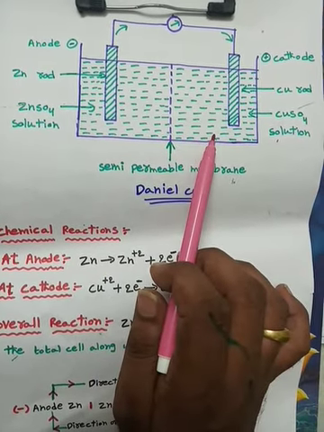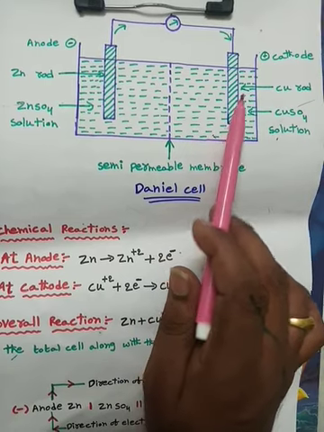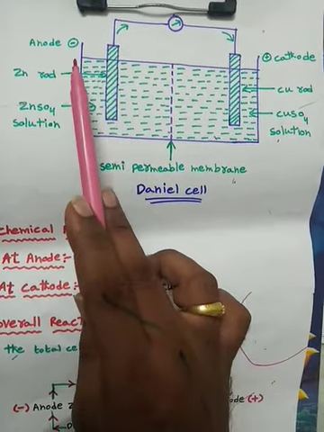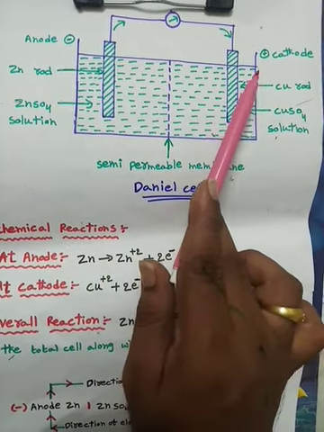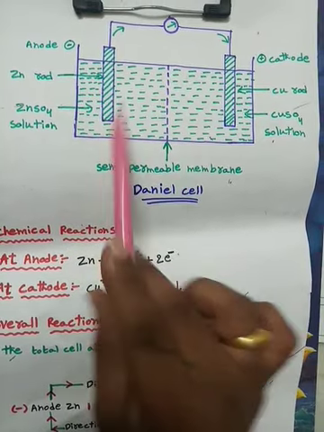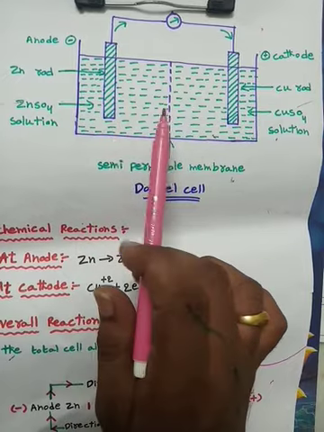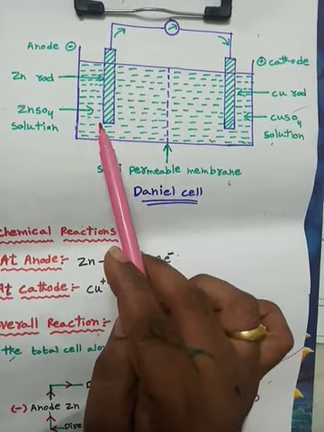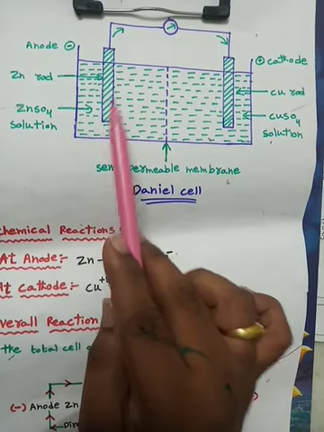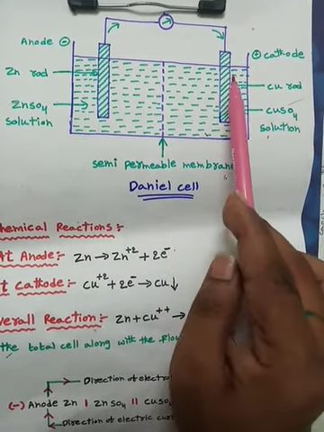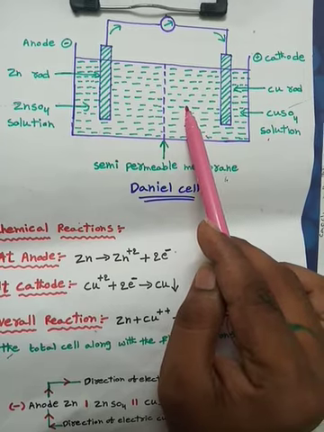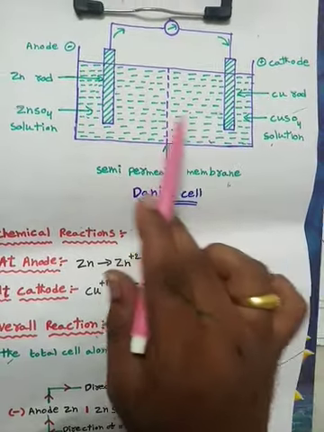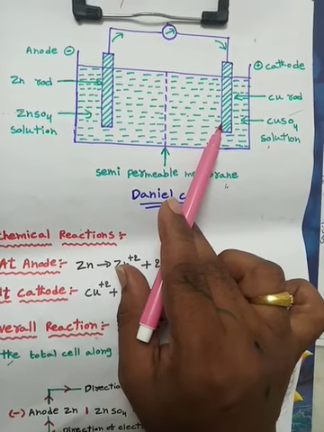Inside the copper sulfate solution there is a copper rod, and the zinc rod acts as anode and the copper rod acts as cathode. Each electrode is dipped into its electrolyte solution. For example, the zinc rod is dipped into the zinc sulfate solution, the copper rod is dipped into the copper sulfate solution. Okay, this is the description of the diagram.